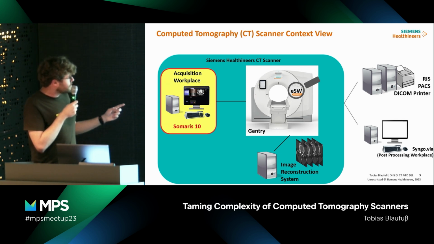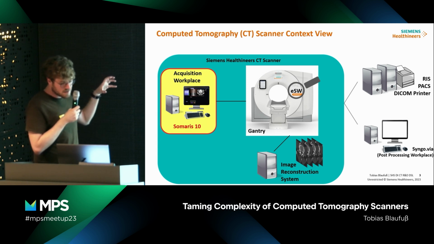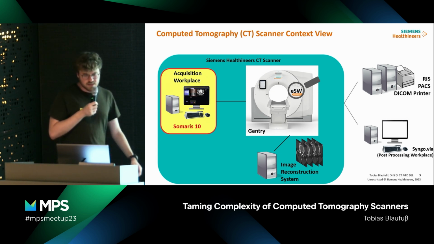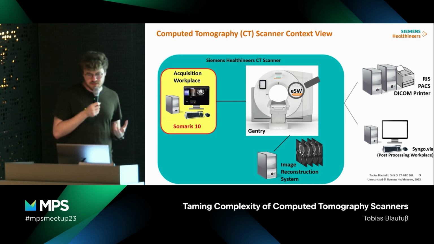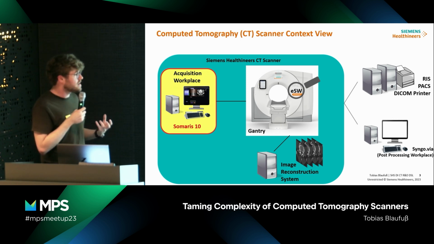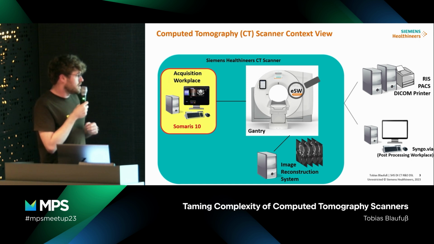And then we have this acquisition workplace, which is our domain working space here. And this is there to parameterize the scan itself. So how should the data be acquired of the patient, and how should it also be reconstructed after it is acquired?